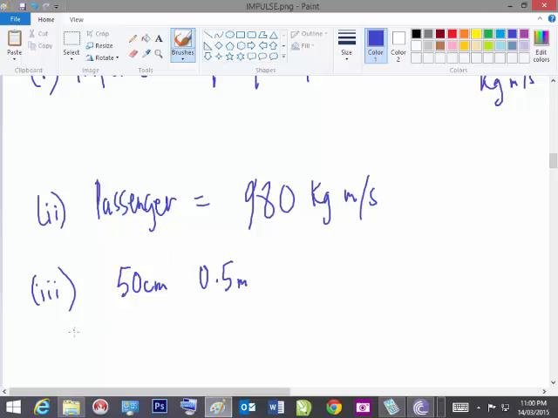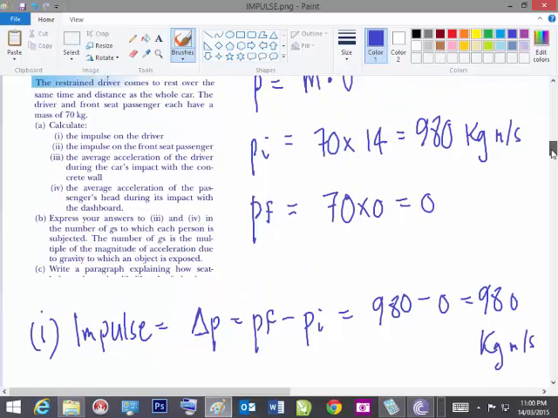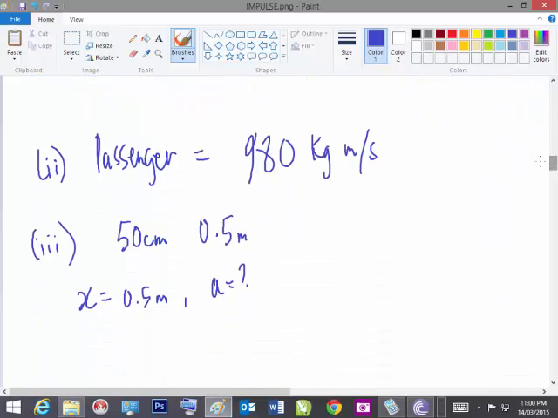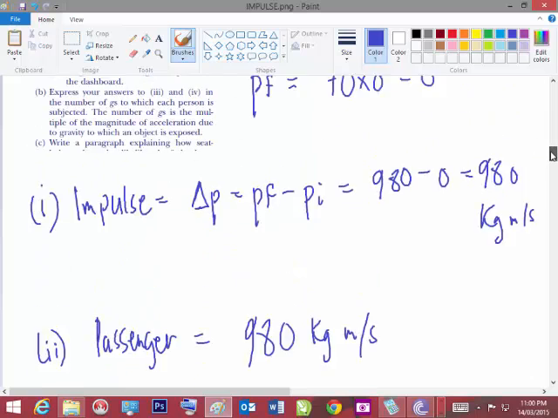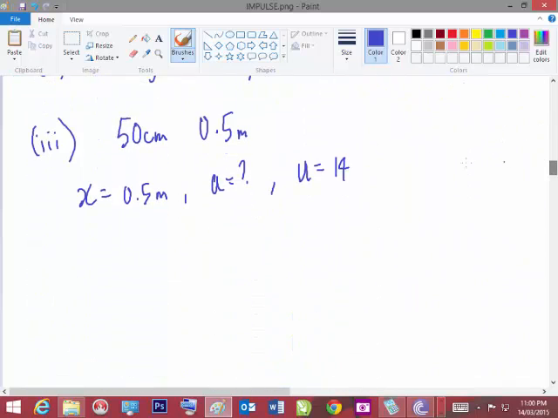So in this case, we have to use one of the equations of motion. x equals 0.5. We don't know the acceleration, that's what we're trying to work out. The initial velocity u is equal to 14. The final velocity is equal to 0.